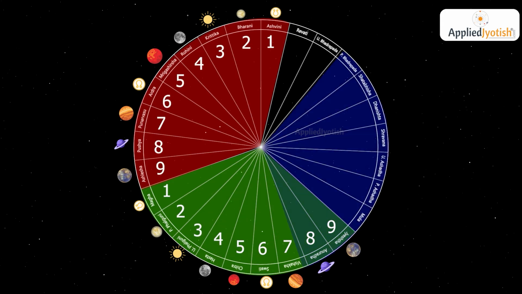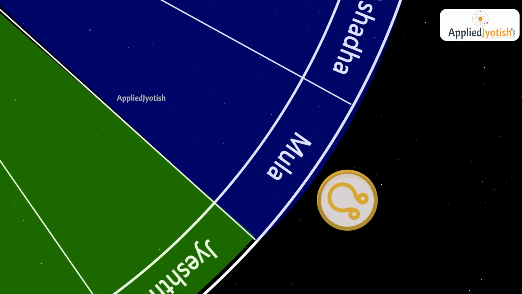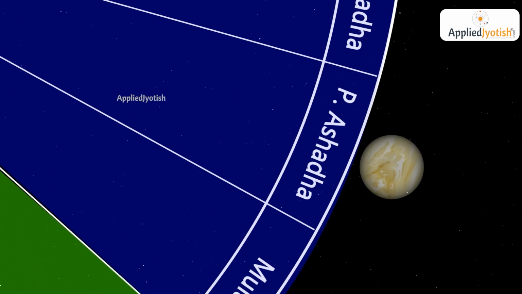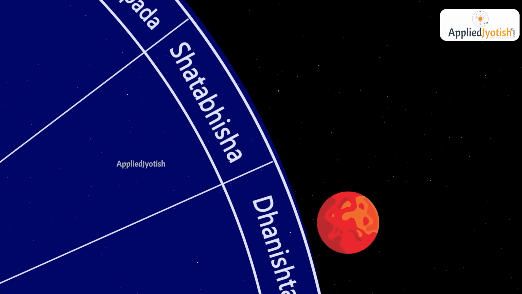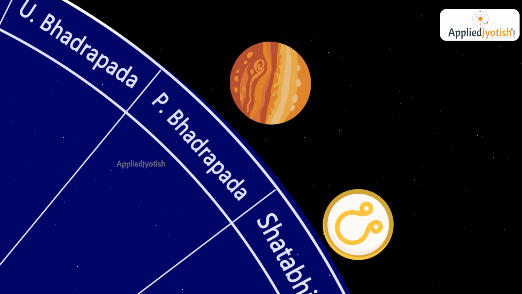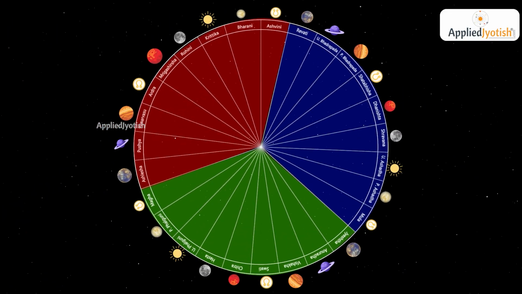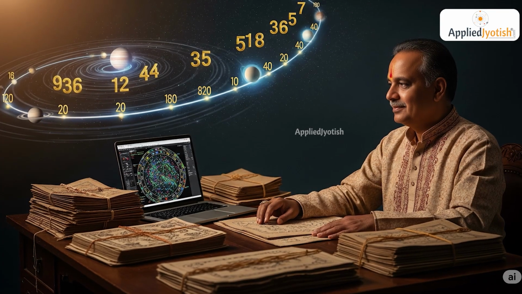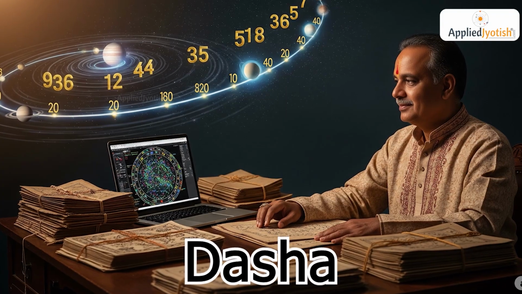Similarly, for the nakshatras from Mula to Revati, their ruling planets are arranged in order from Ketu to Mercury. In astrology, the timing of events is determined by dasha.